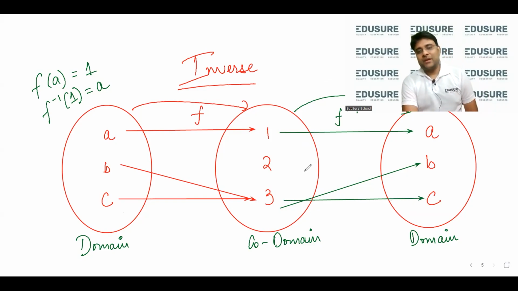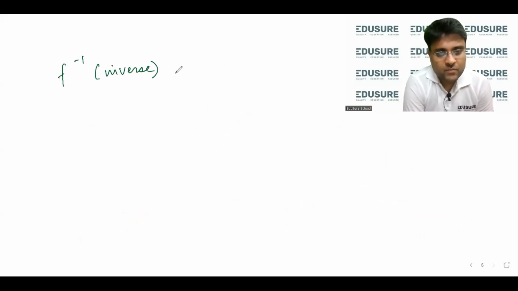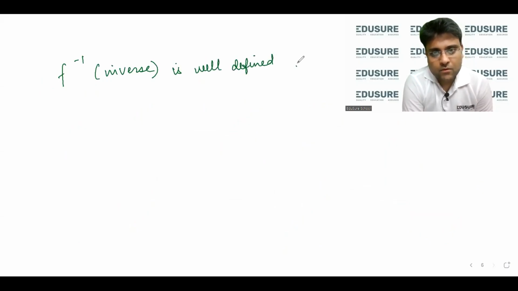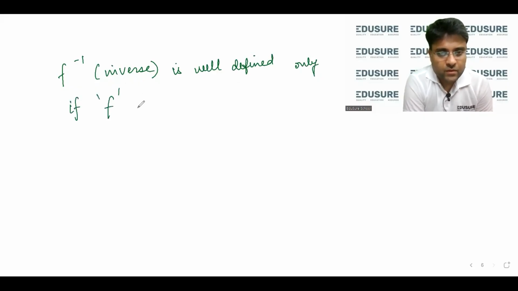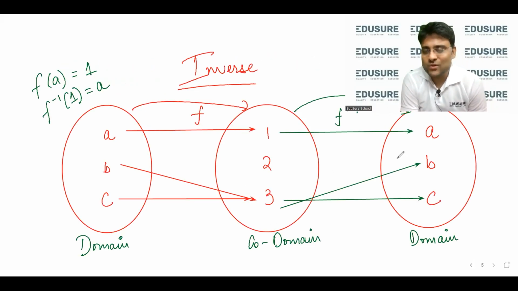Okay. So f inverse, or inverse of a function, is well defined only if the function f is one-to-one. Please understand, if it is a many-to-one, you notice what is the problem.